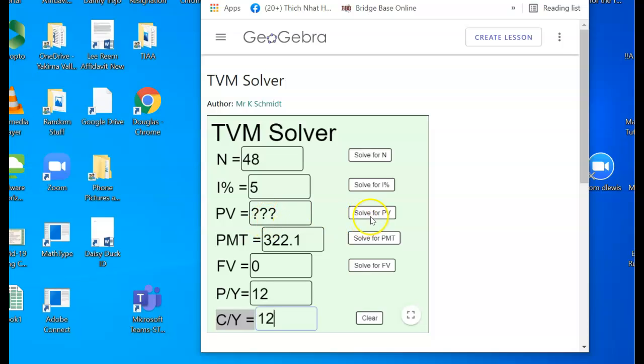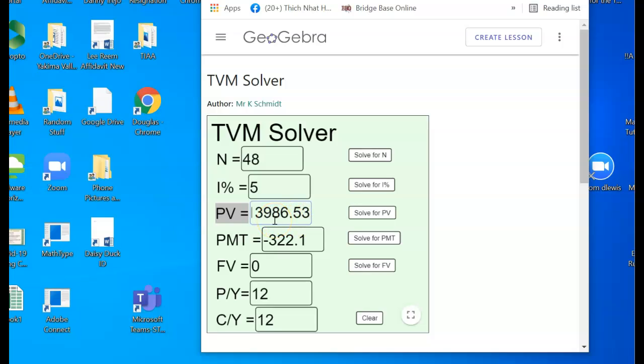So let's solve for the present value. That's the current time, right? We paid 12 payments, so we only have 48 left. I should have written the minus in here for the 322, and then we get a positive. But we still owe $13,986.53.